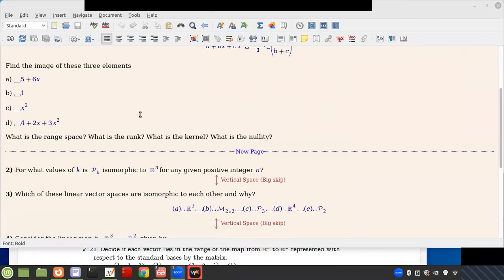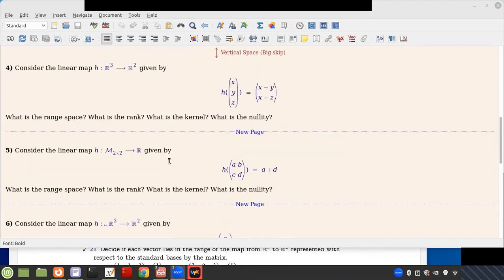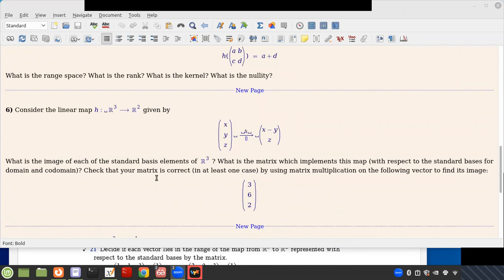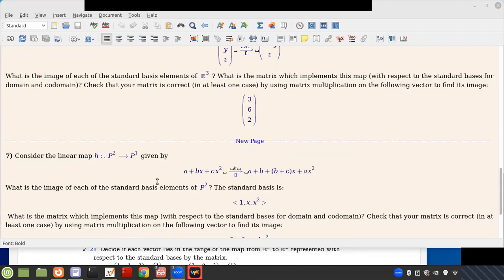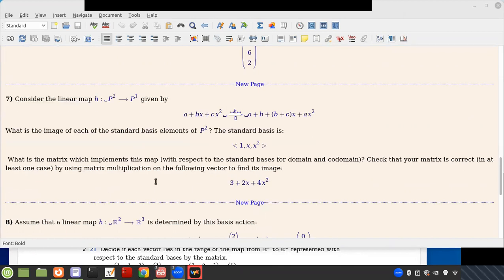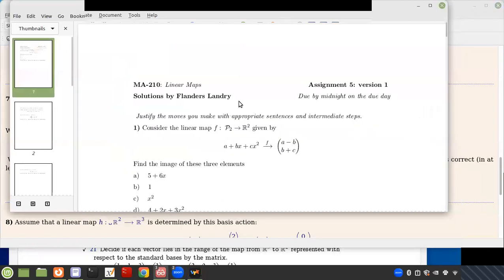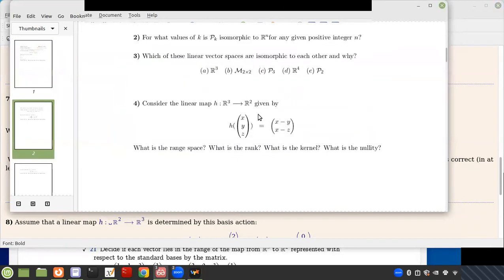So these are early stuff, right? This is just the range. This is before you get to matrices. Okay, so here it is. Number 7. Consider the map P2 to P1 given by a plus bx plus cx squared. Let's look at the PDF so you can see it.